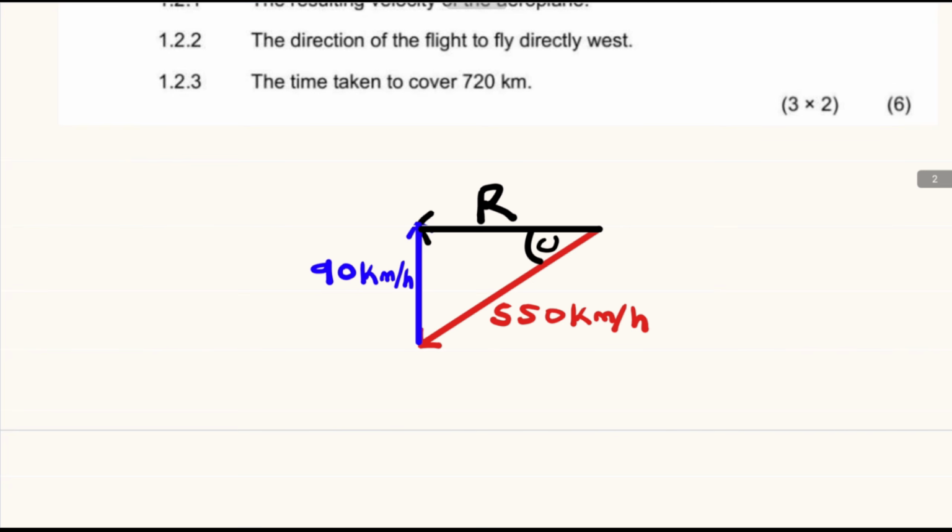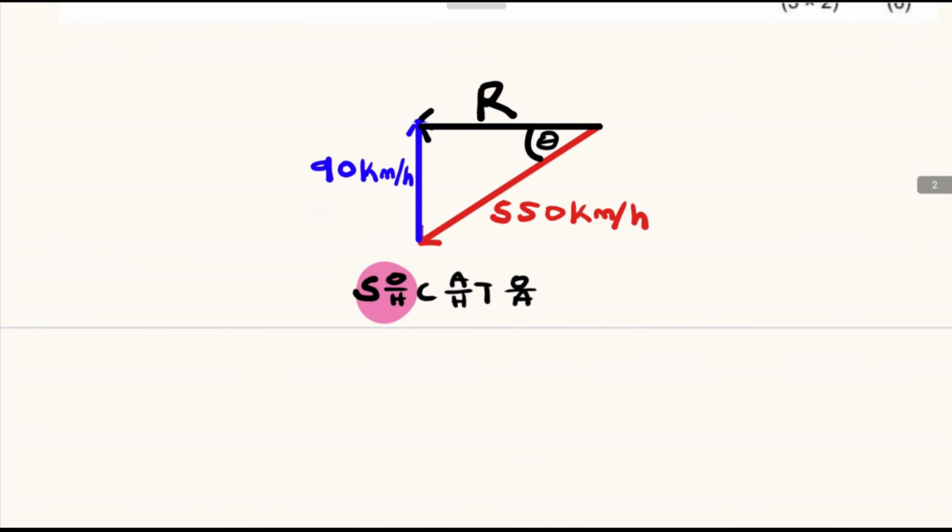But we are looking for that angle theta. So on the SOHCAHTOA triangle, since we have the opposite and the hypotenuse, we are going to use the sine. So we have sine theta is equal to the opposite divided by the hypotenuse.